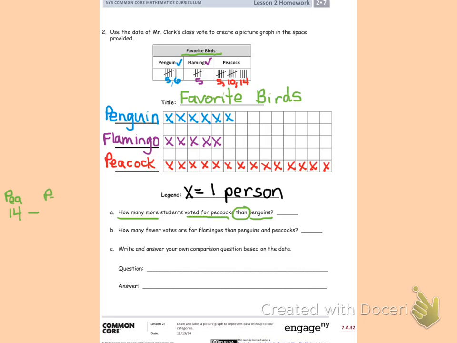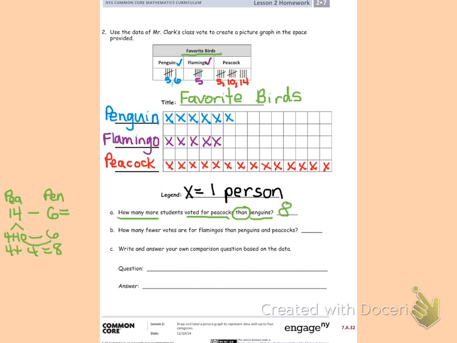So I'll write PEN, short for penguin, since they both begin with PE. And we know that there are 6. I know that 14 is the same thing as 4 plus 10. And then we'll subtract those 6, which is 4, plus 10 minus 6 is 4, and that is 8. And we'll write it on the line.